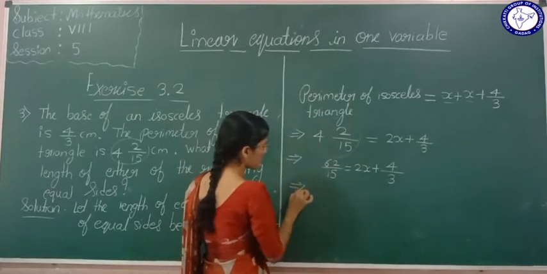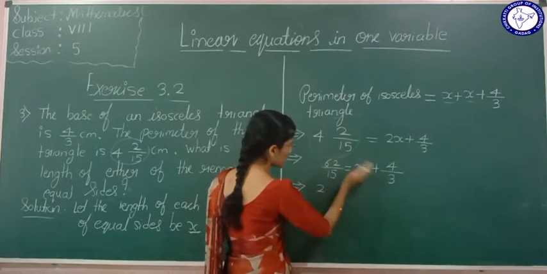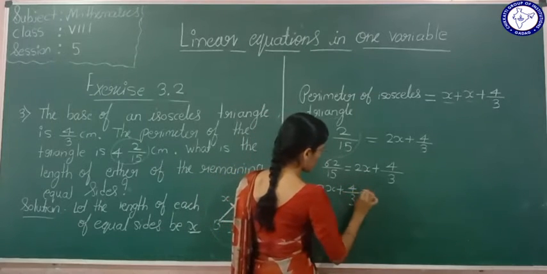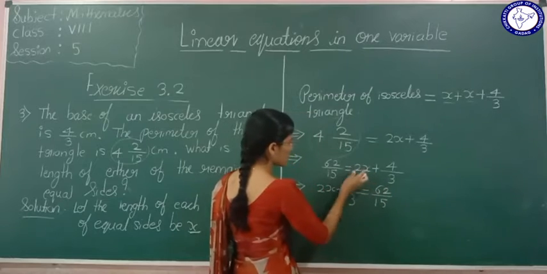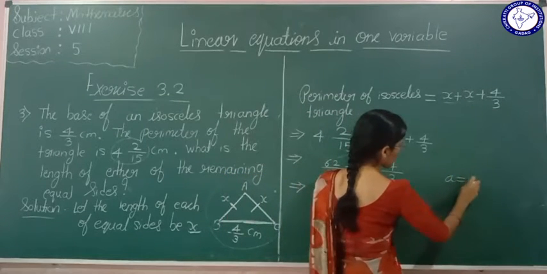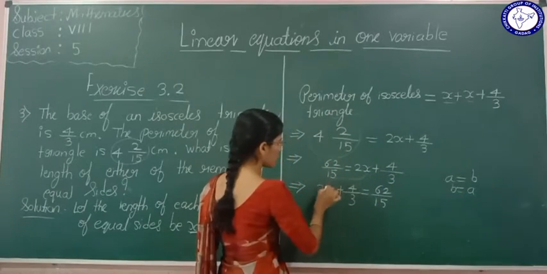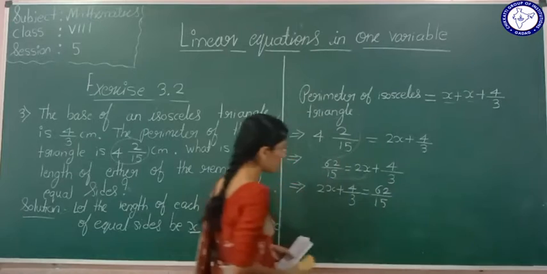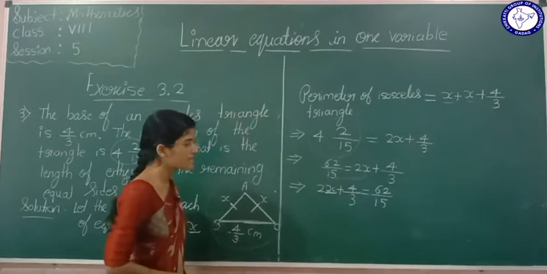So this implies, I will interchange that here: 2x plus 4 by 3 is equal to 62 by 15. A is equal to B, so B is equal to A, no? The same thing. Now I want to know the length of the equal side, that is x.